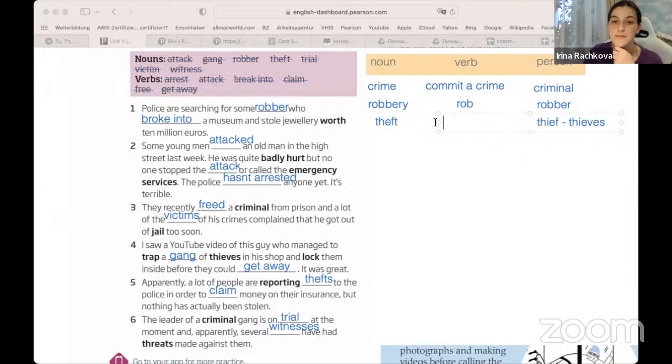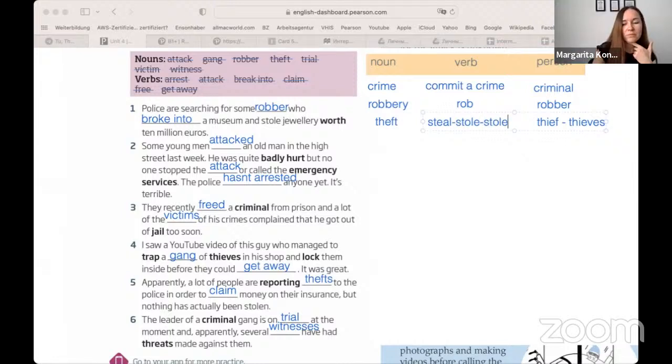Красть. To steal. What are the three forms? Steal, stole, stolen.